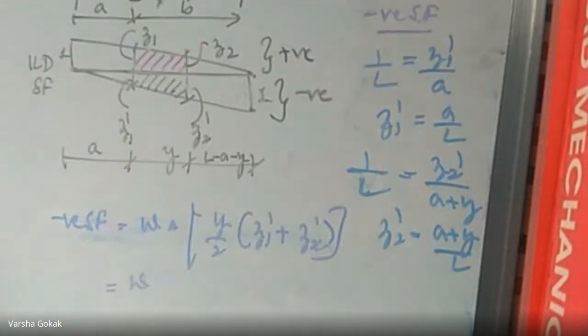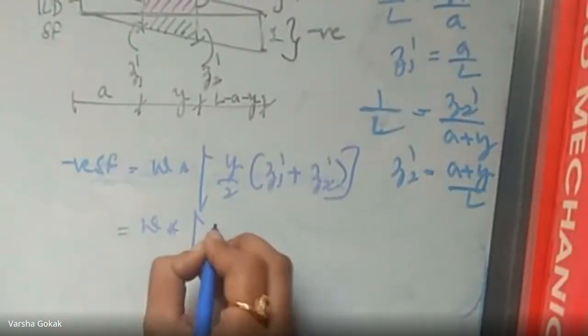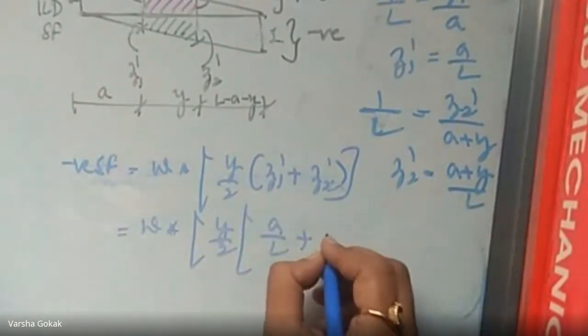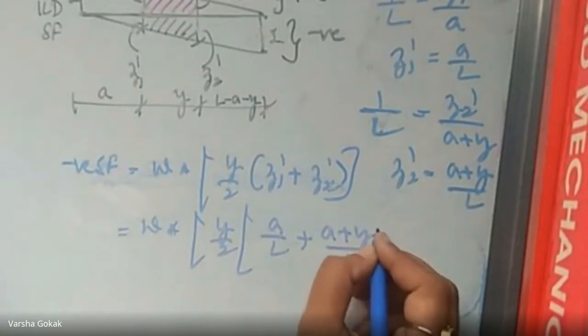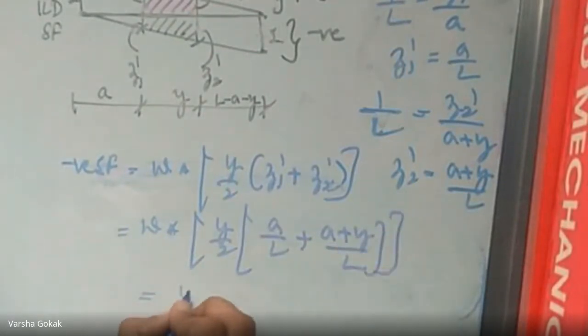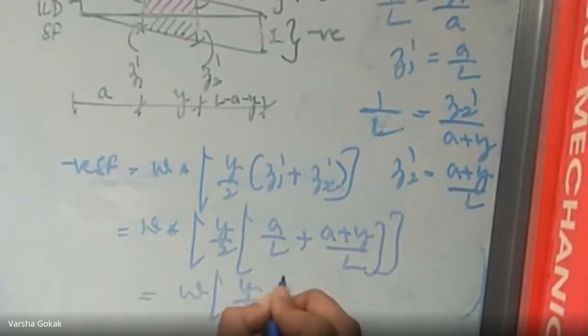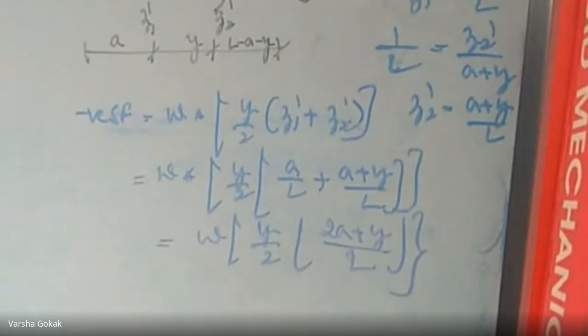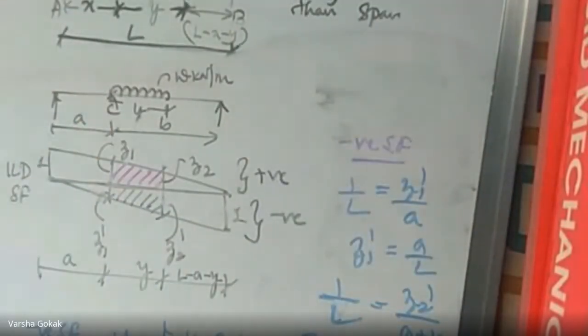So W is the loading into Y by 2, Z1 dash is A by L, Z2 dash is (A plus Y) by L. Okay, so W into Y by 2, (2A plus Y) divided by L is the answer. This is the value of negative shear force when we place the UDL in this pattern. Okay, so we did the regular case when we place the UDL at the supports and when we place the UDL at the center.